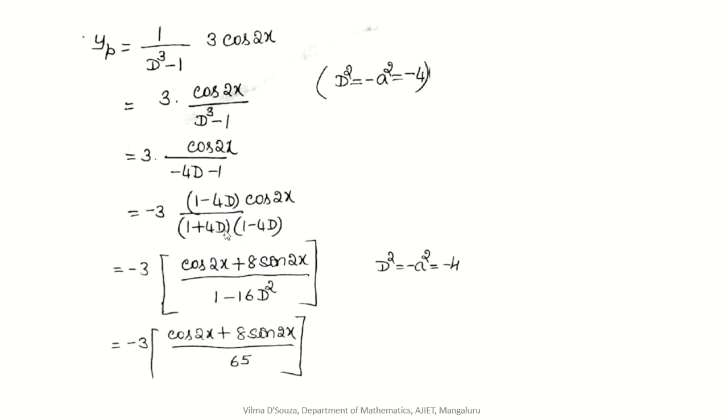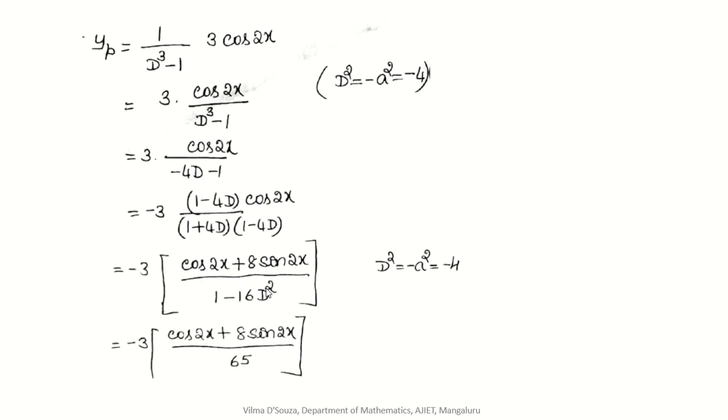What is a plus b into a minus b? It is a square minus b square. A is 1, so 1 square minus b square. B is 4d, so it is 16d square.